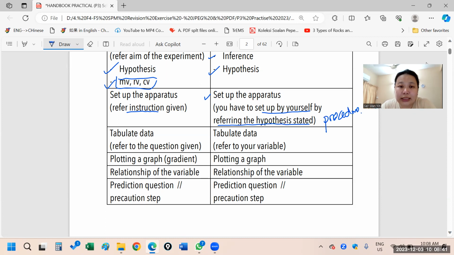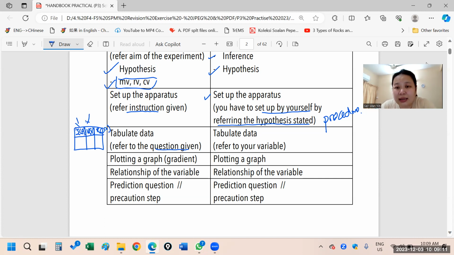Okay, then tabulate the data. Just tabulate. Refer to the question given. Normally got 2 only, but sometimes got 3. So our MV in unit, RV in unit, then maybe they will ask you to calculate the R. If they don't, just MV, RV done.